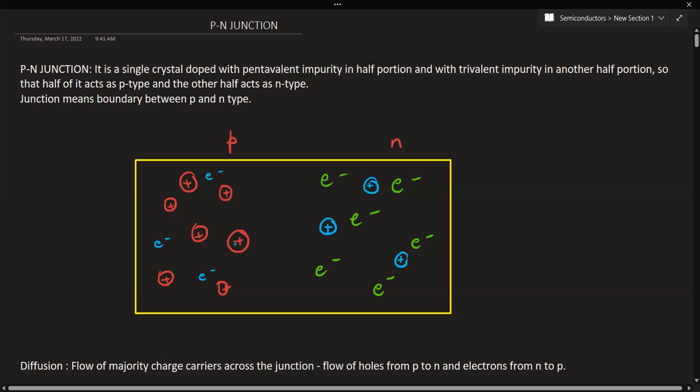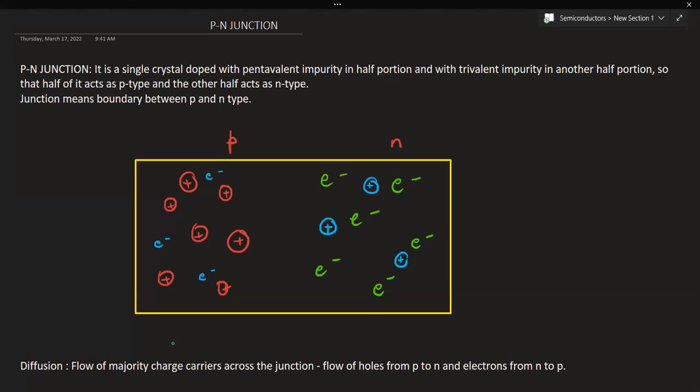So you can easily figure it out from this diagram also, that in case of P-type, holes are in majority and electrons are in minority, whereas in case of N-type, electrons are in majority while the holes are in minority.